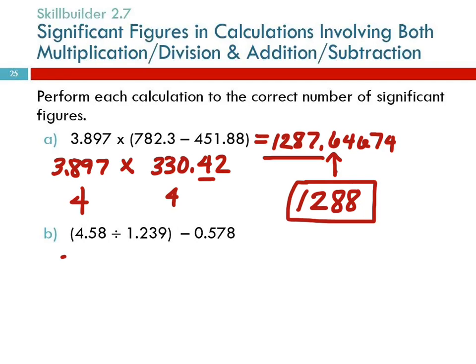So that is 3.696529459. What a mess. It's a division problem. How many significant figures should that result have? 3. Because this factor has 3 and that one has 4. The smallest number of significant figures. So this guy has 3 sig figs.